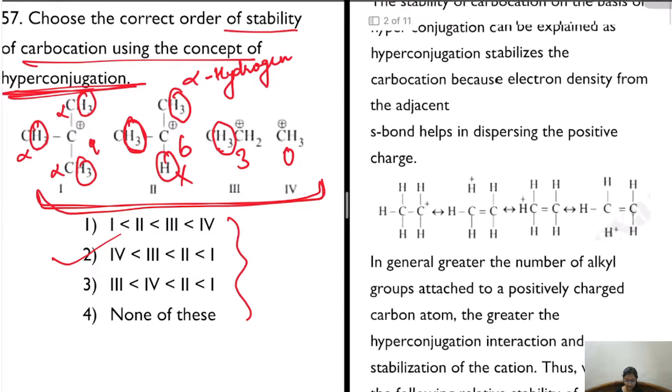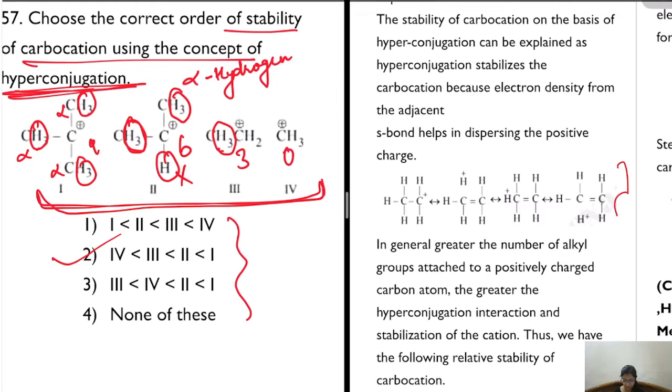For your reference, these are the hyperconjugating structures that are given to us. You can have a look at this: the carbocation, because of the electron density from the adjacent sigma bond, helps in dispersing the positive charge. The electron density will be donated, then we'll have H positive, and this carbon is stabilized.